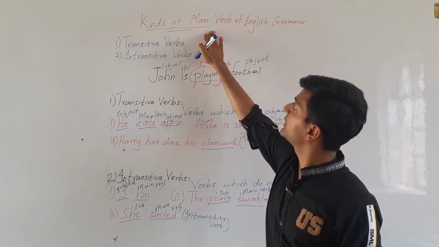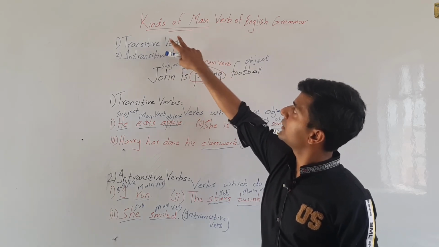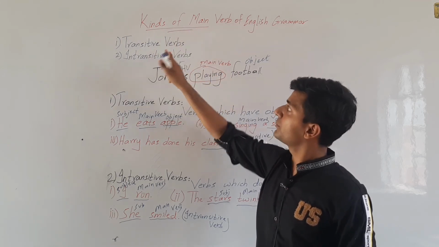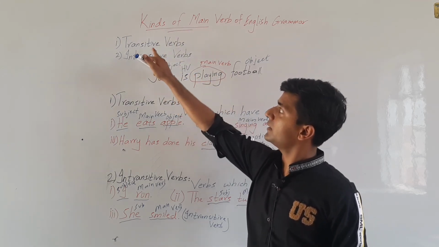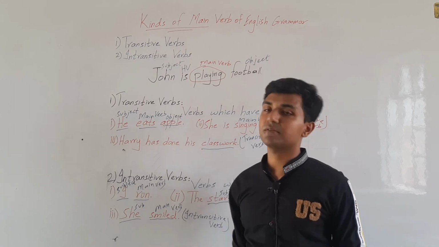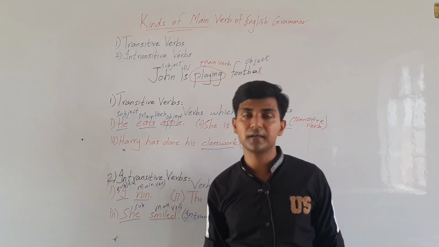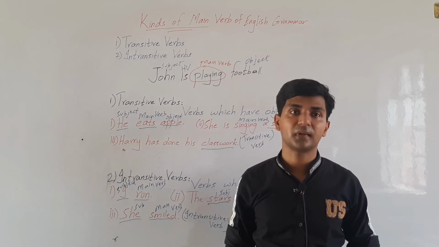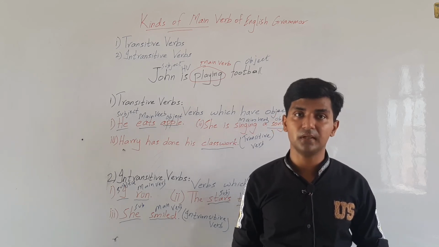So we have seen that there are two kinds of main verbs in English grammar: transitive verbs and intransitive verbs. I hope you have understood it very well.